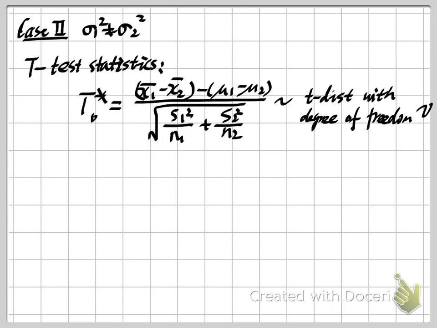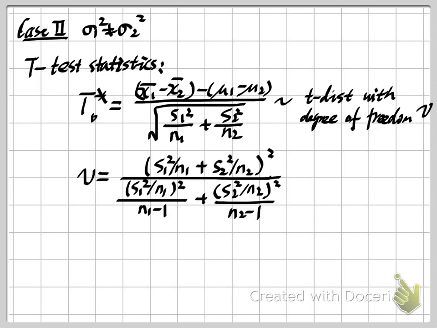In fact, this degree of freedom is a kind of complicated equation, so let me write it down here. The numerator is the square of the sum of S1 square over N1 and S2 square over N2. The denominator is a sum of two parts.